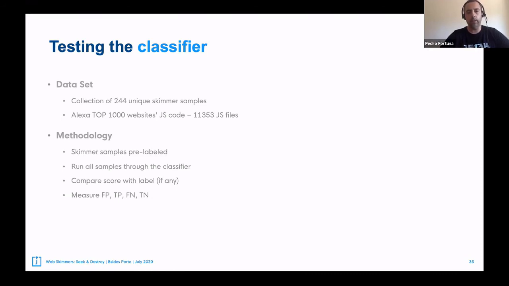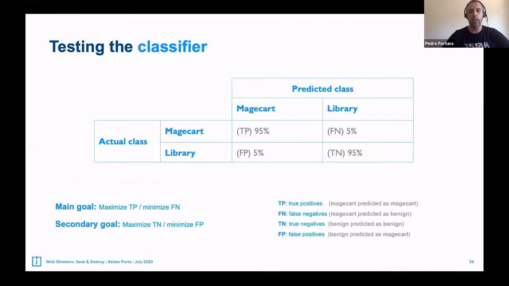We pre-labeled the skimmer samples, ran the classifier through all the JavaScript files, and finally compared the score with the label to see if our estimation was accurate or not. We measured false positives, true positives, false negatives, and true negatives. And these are the results.